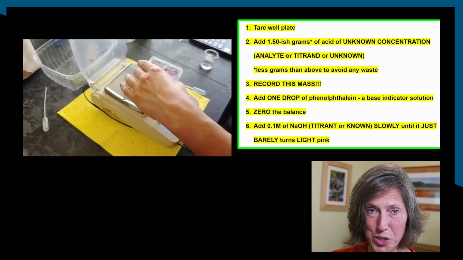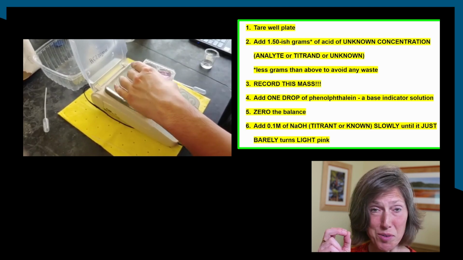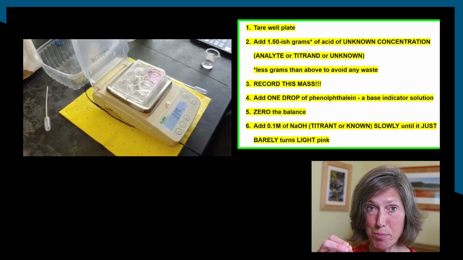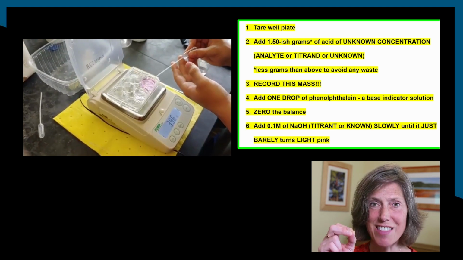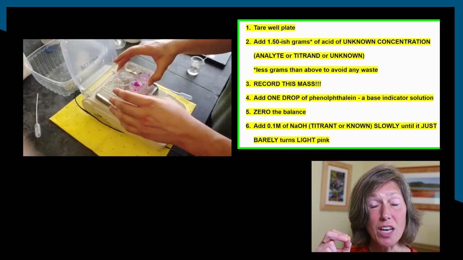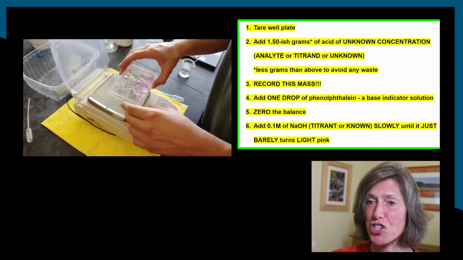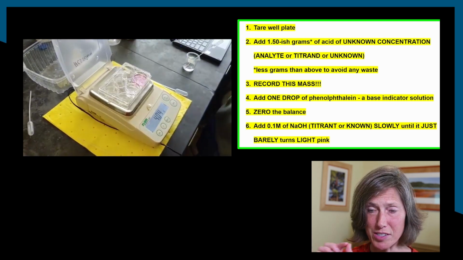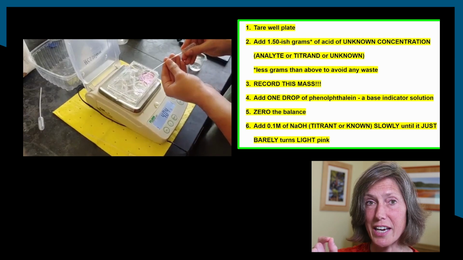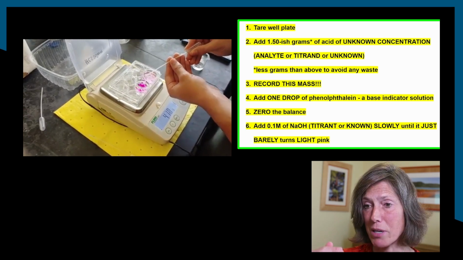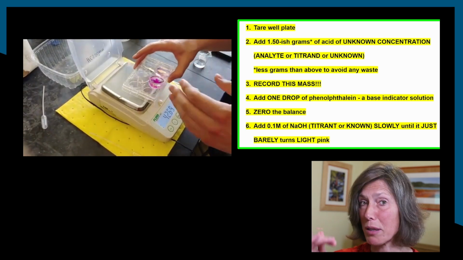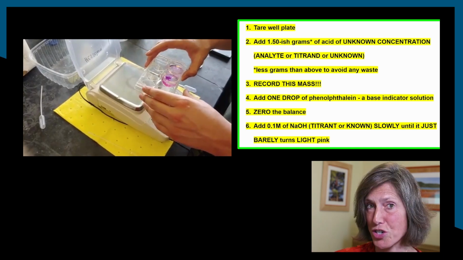We're getting closer, reaching that step where we've added that last drop where it's going to stay that light pink color. If the pink is too dark, that tells them really that they've overshot it. So it's key that they just barely get it to that light pink, and that means their percent error will probably be lower than if they overshoot it.